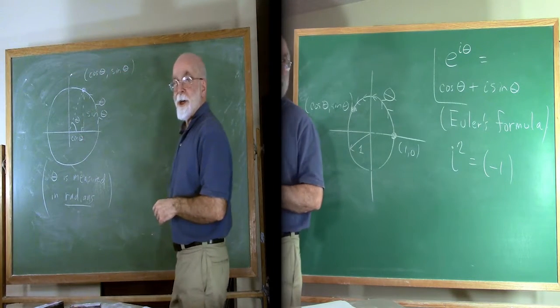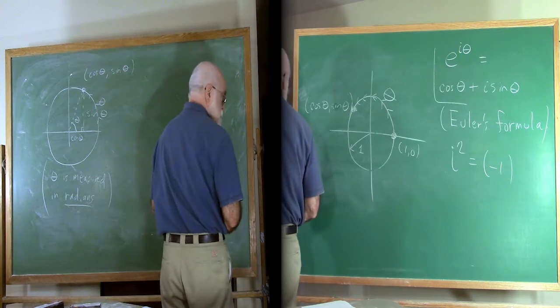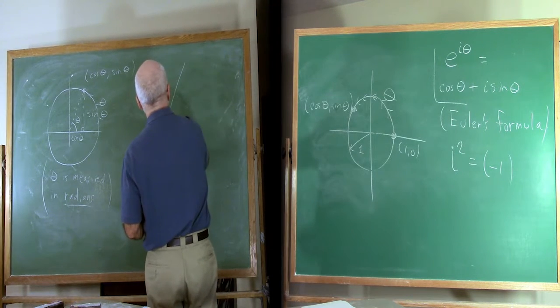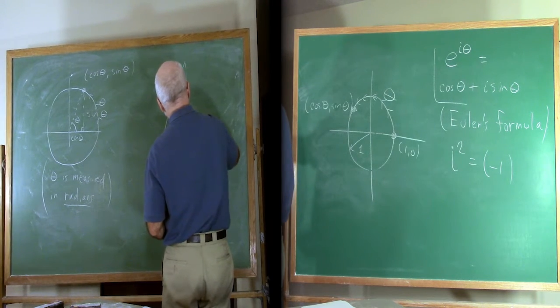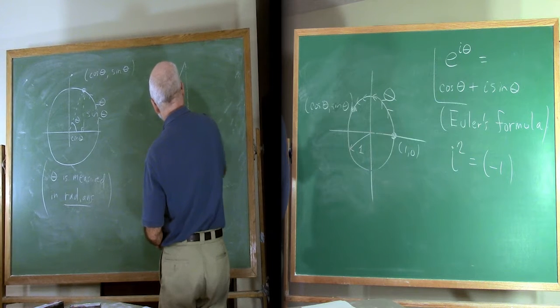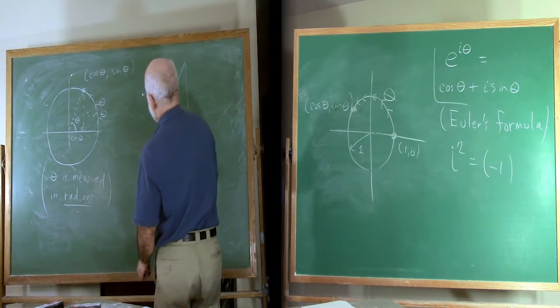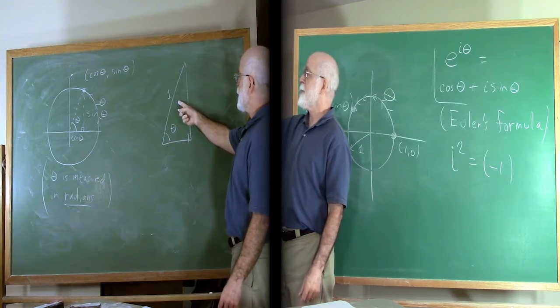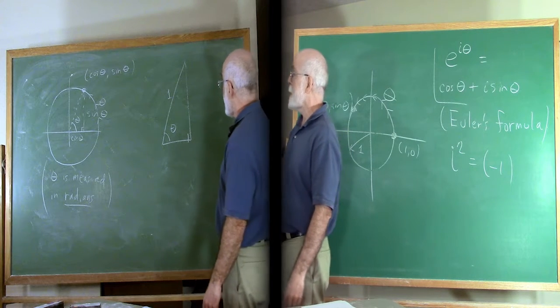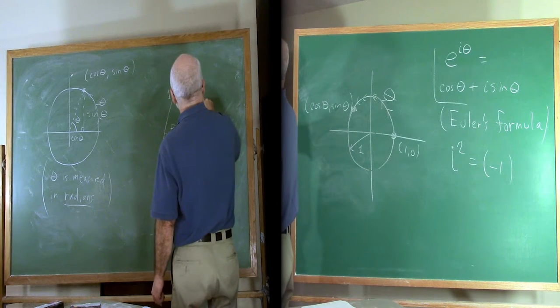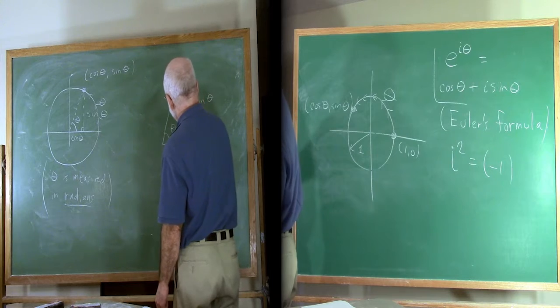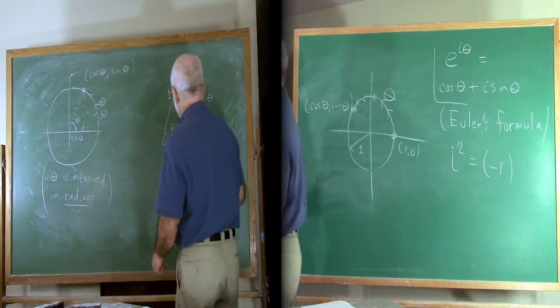Let's pull out that triangle so we can focus on it. Remember, the radius is 1, so this hypotenuse is going to be 1 also. One leg is sine theta, the other leg is cosine theta.